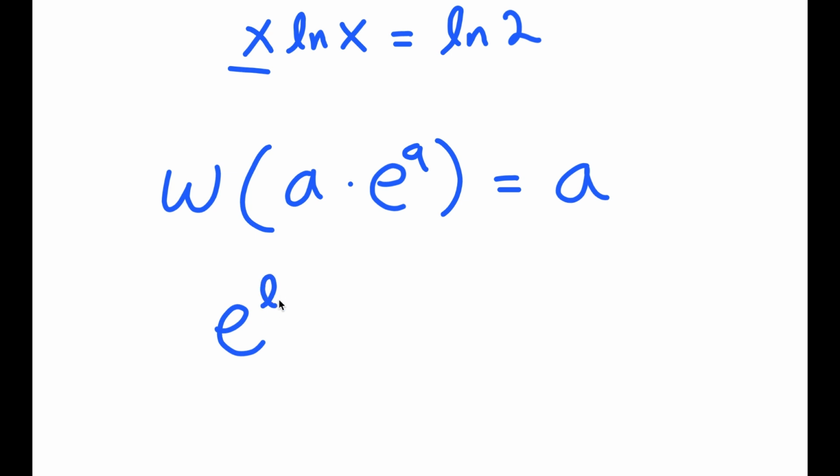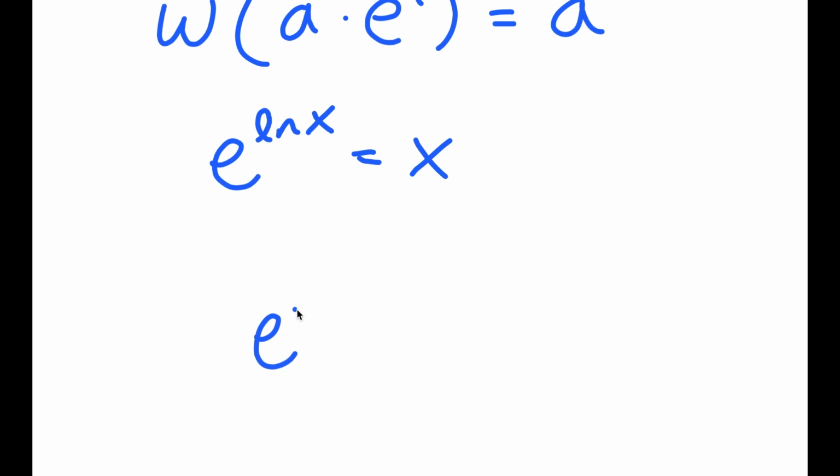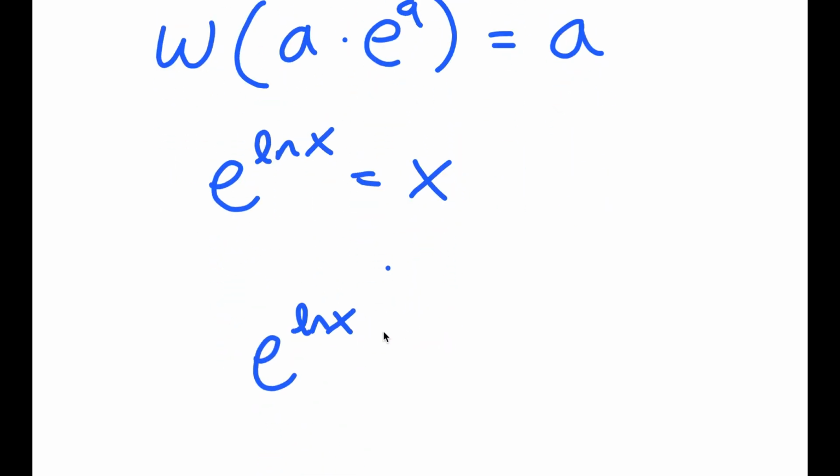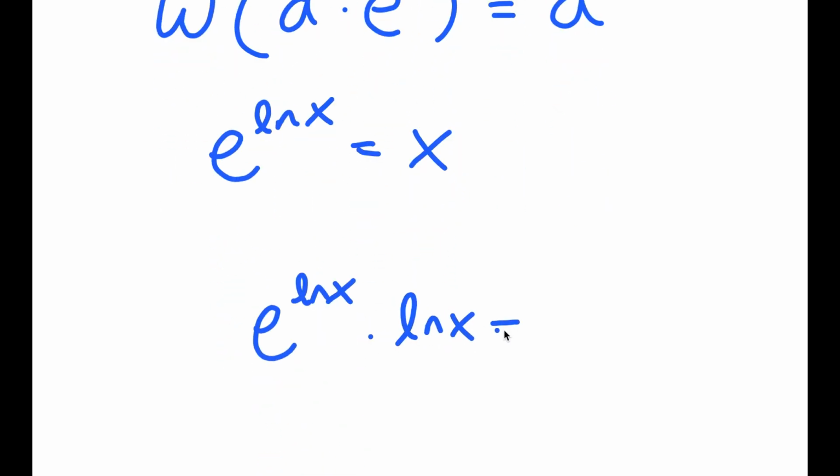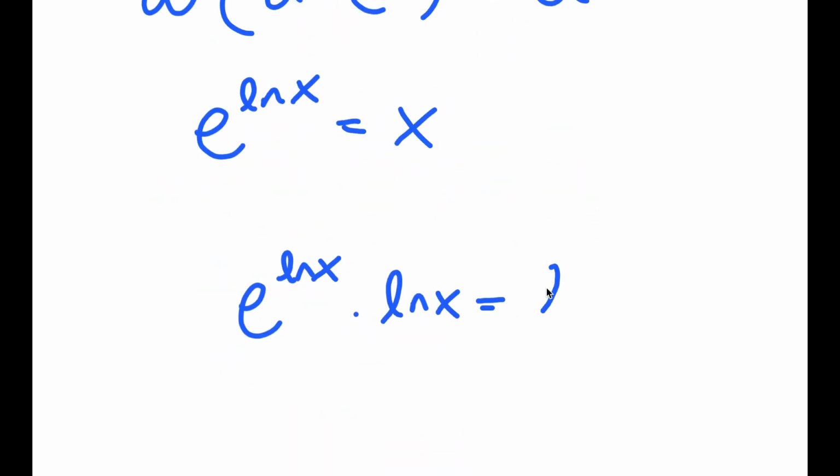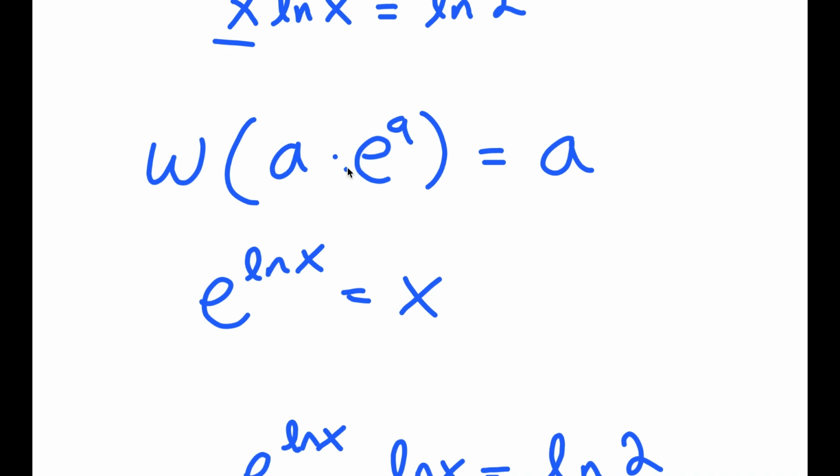So if I have something in the form e to the power of ln of x, this is equal to x because the e and ln cancel out. So I'm going to rewrite x here as e to the power of ln of x. So I get e to the power of ln of x times ln of x is equal to ln of 2.